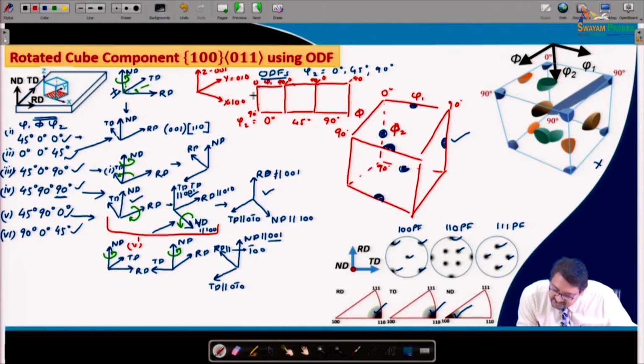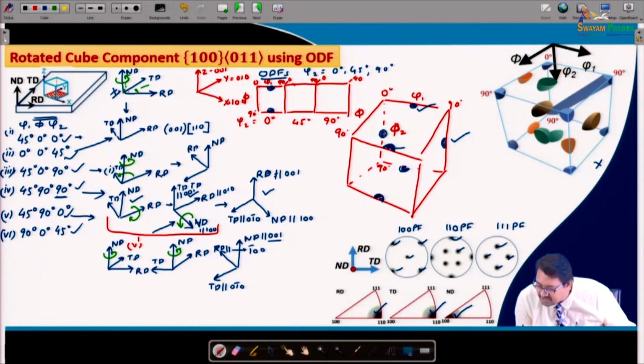So, this is phi 1 section, this is phi section for all of these boxes, and we can observe the position of the rotated cube component here, which is related to this one, and for this one we can observe it here, and the other 2 components can be observed from this phi 2 section.